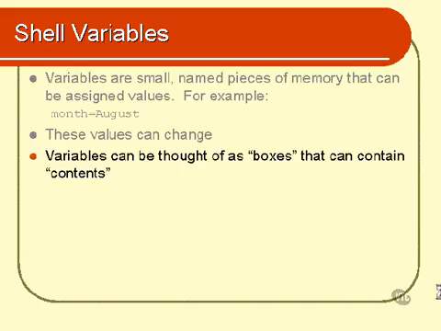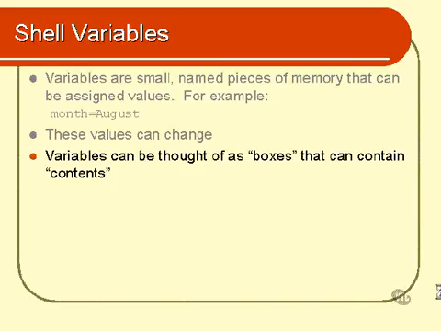The label is month, and we put things into the box. We put August into the box in this particular example, and if we ever decide to put a different value into the box, like July, then whatever was in the box before is lost, erased from memory, if you like. The name of the variable that you can see on your screen is month.